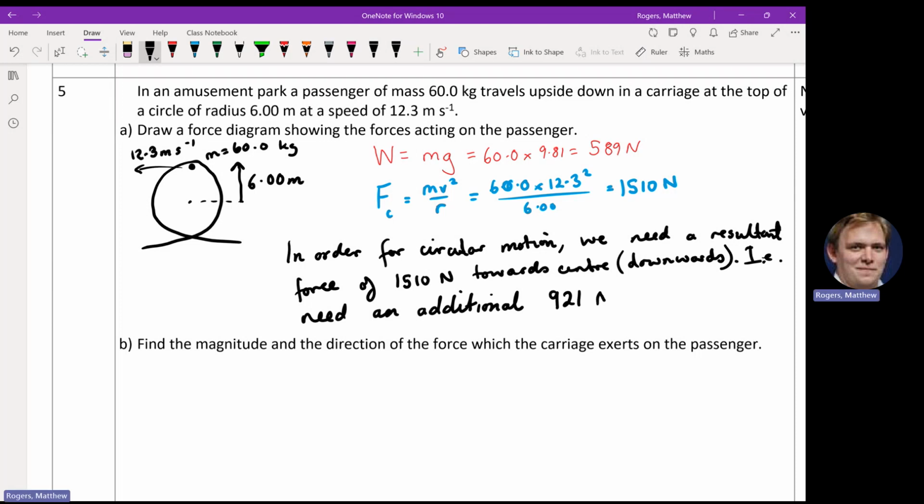We need an additional 921 newtons of downward force. And that must come from the contact force.